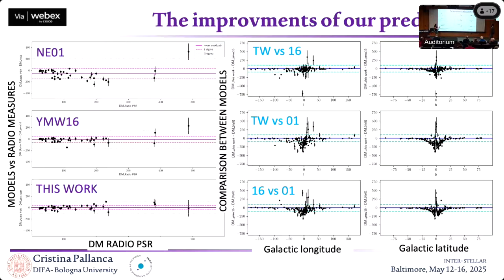You have some structure that is not implemented in the models, at least in NE2001, because these features slightly disappeared when you compare our prediction with the YMW16. Oh, I see. These are all basically in the galactic center only. So this is going to be some feature of the thickness of the galactic center. Yeah, I think something similar, yes.